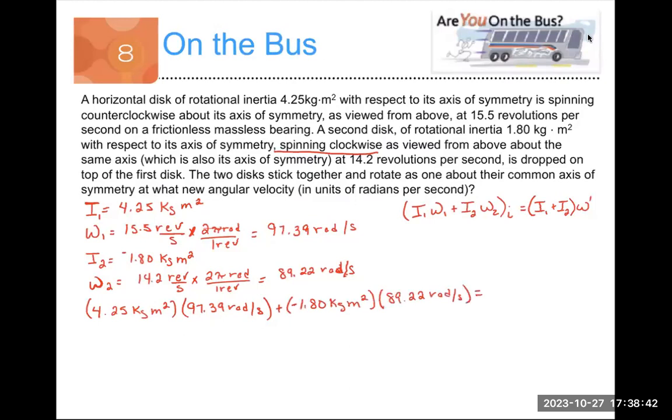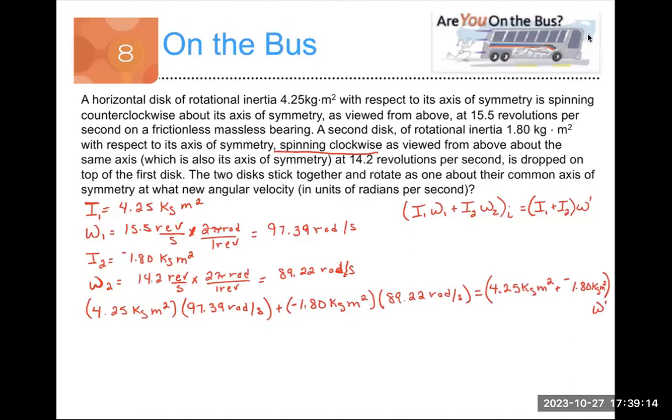And that's going to equal I1, which is 4.25 kilograms meters squared, plus a negative 1.80 kilograms meters squared, and that's multiplied by our omega prime.